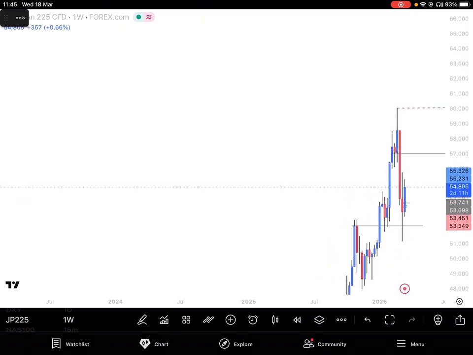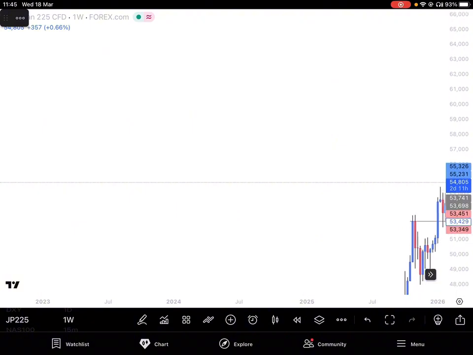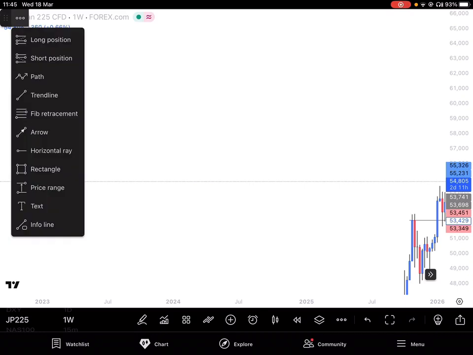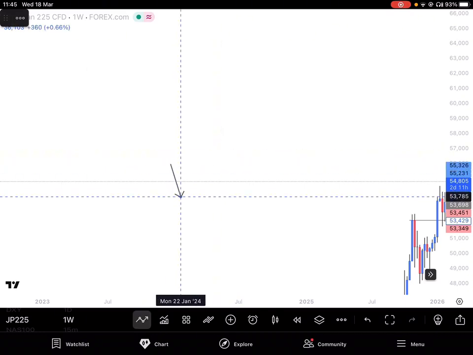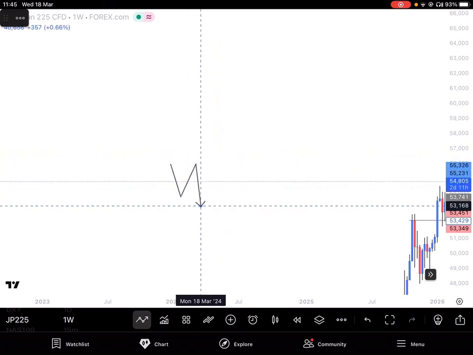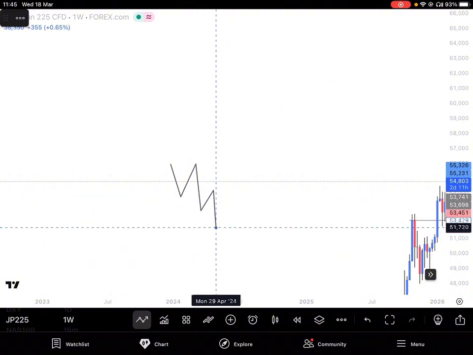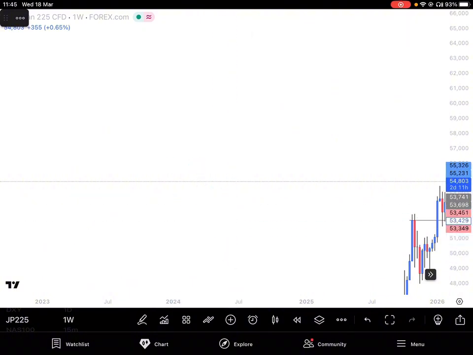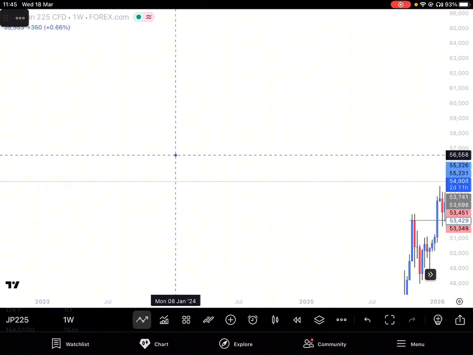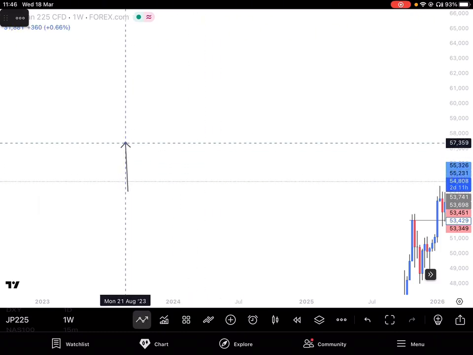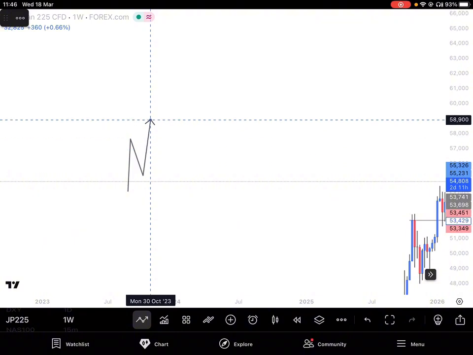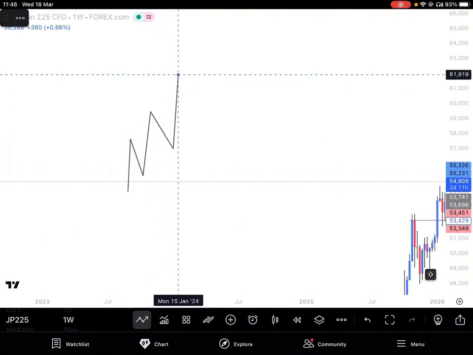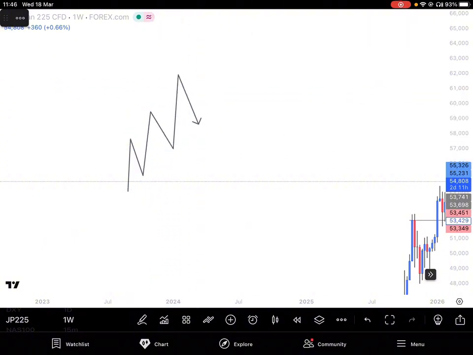When we say structure, structure basically means the basic things you know about markets. Higher highs and higher lows in a bullish market, and lower highs and lower lows in a bearish market.